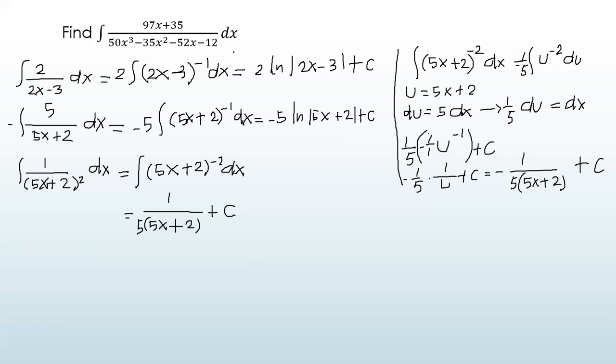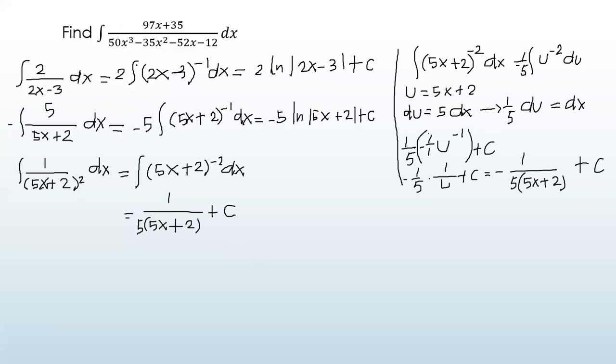Based on polynomial division, you will have the factorization of this expression, 50x cubed minus 35x squared minus 52x minus 12.